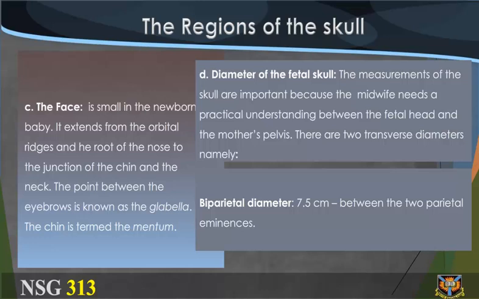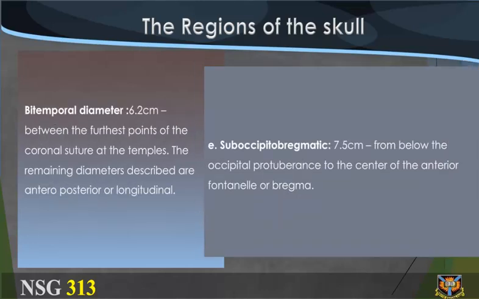There are two transverse diameters, namely biparietal diameter, 7.5 cm between the two parietal eminences, and bitemporal diameter, 6.2 cm between the furthest points of the coronal suture at the temple.